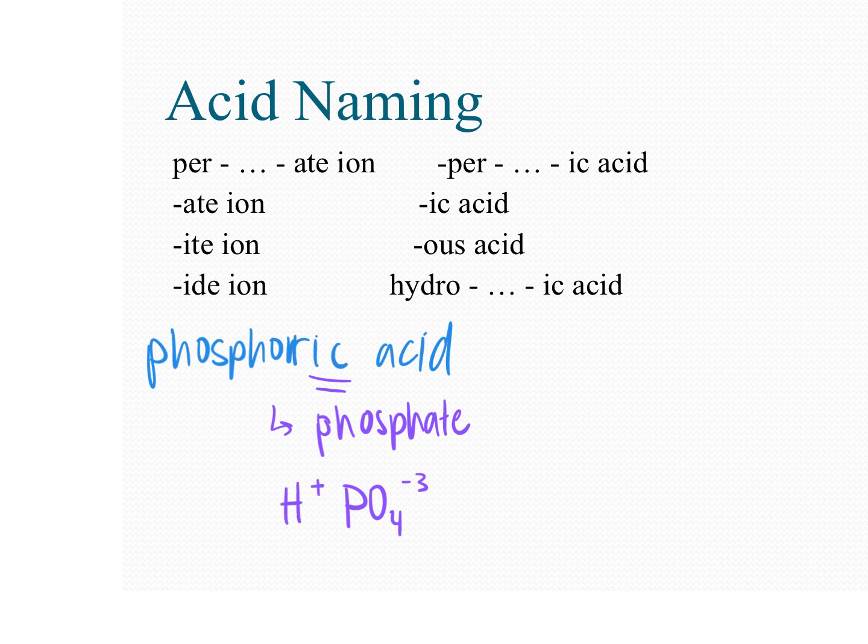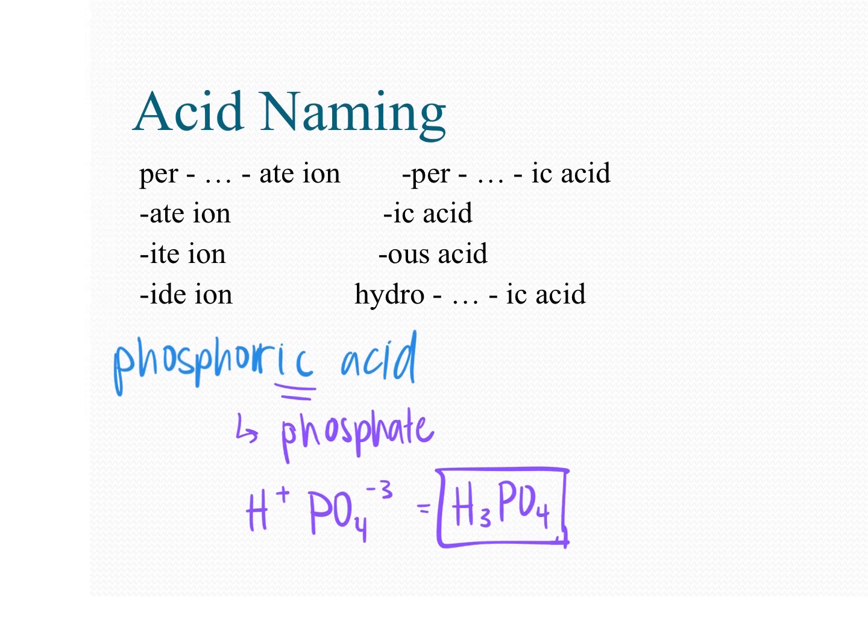And how many hydrogens have to go with it? 3. And so we're going to put these together in our ratio that makes it balanced. So H3PO4 is the formula for phosphoric acid. Does that kind of make sense how that comes together? You've got to figure out what anion it's coming from and then how many hydrogens we need to pair with it to make it neutral.